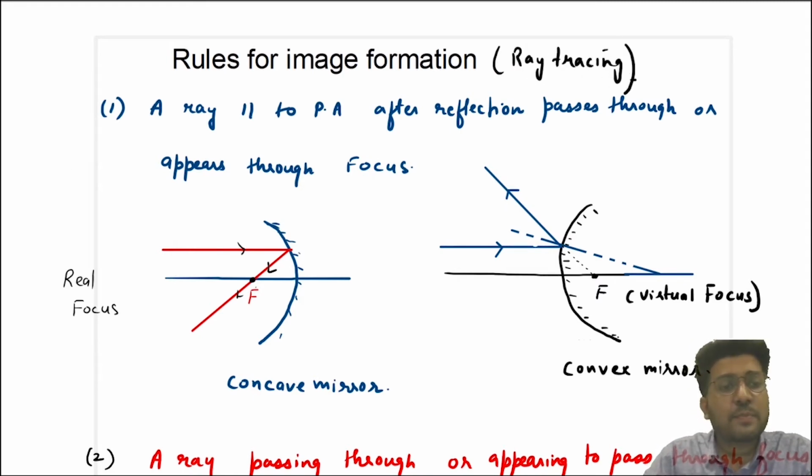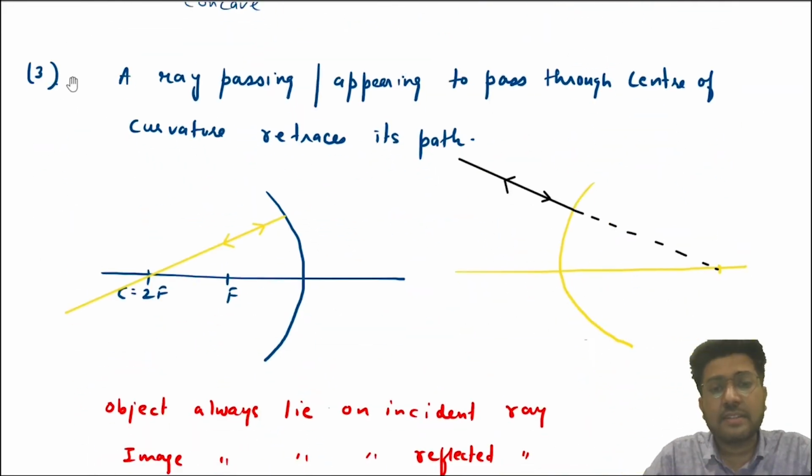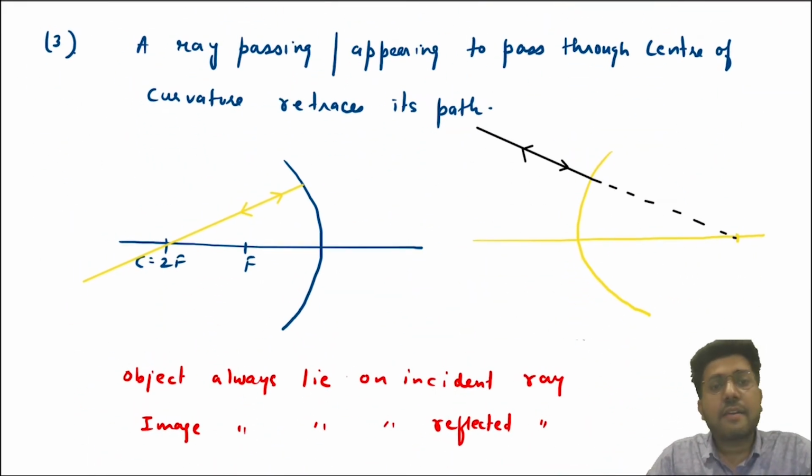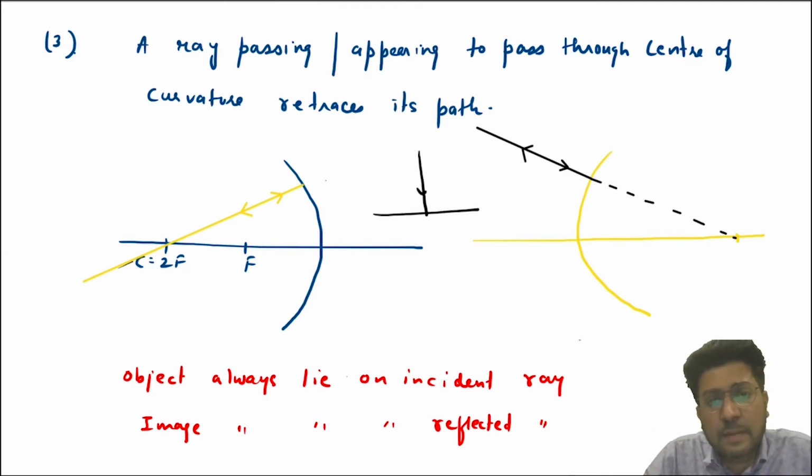Then the next point, this is very important, listen carefully: a ray passing through or appearing to pass through the center of curvature retraces its path. This is a very simple point. You know that the radius is always perpendicular to the mirror surface, right? And you also know that if light is incident perpendicularly on a mirror, it retraces its path.